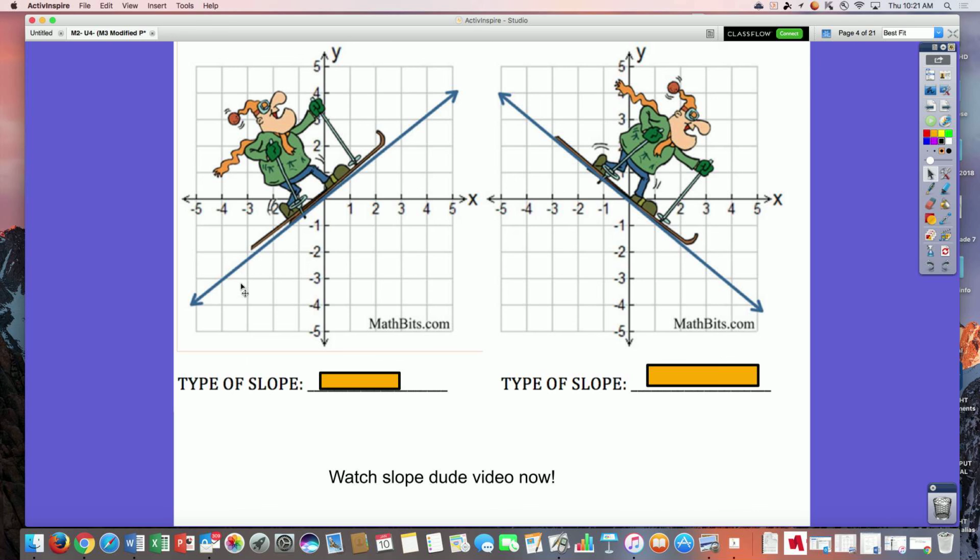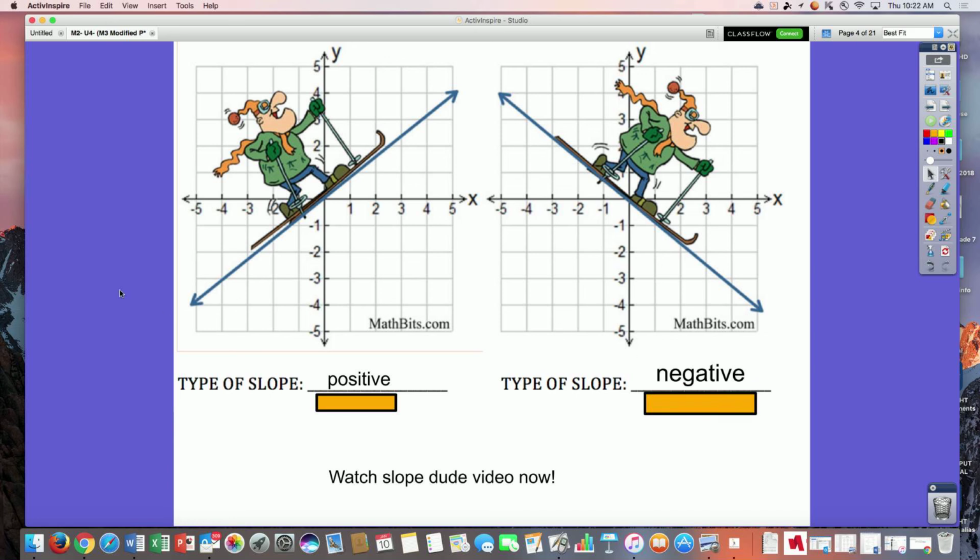All right, flip the page over. Let's go over the 4 types of slope. This guy, he's going uphill, right? He's chugging. He's trying to puff up that hill. Positive. Puff, puff, positive. Negative. He's going downhill. He's not even having to work hard. He's just cruising downhill. That's negative.